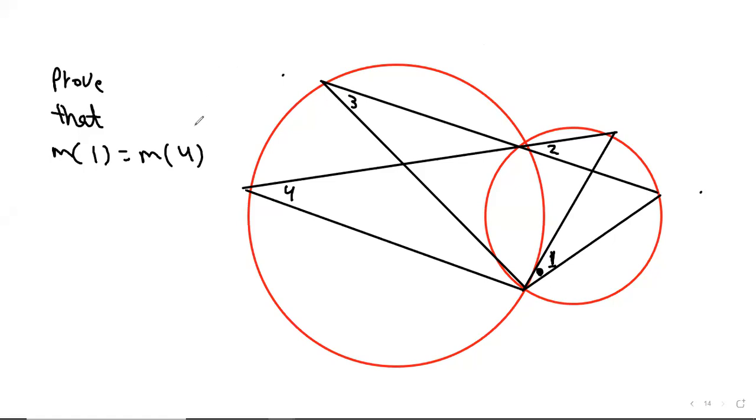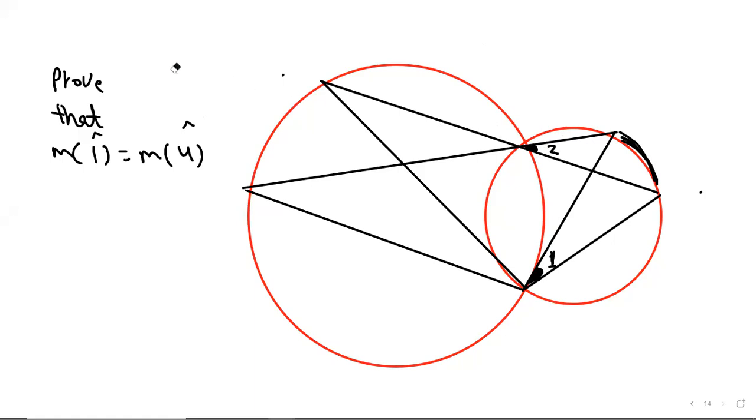In this shape, I want to prove that the measure of angle 1 equals the measure of angle 2. So let's say this is angle 1 here, and this is angle 2. They are equal in size. Do you know why? Two inscribed angles subtended by the same arc.